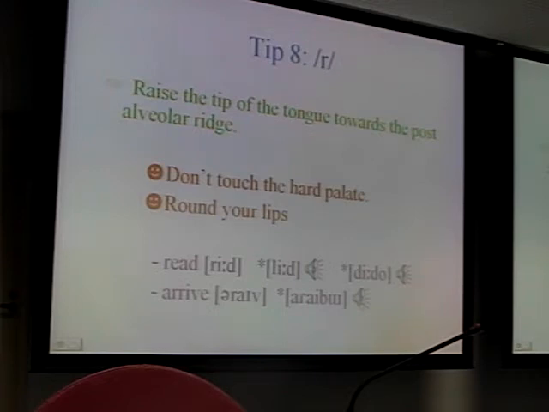Read. Arrive. Alive. We should not touch the alveolar ridge.